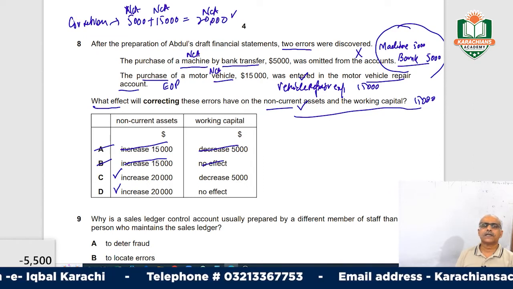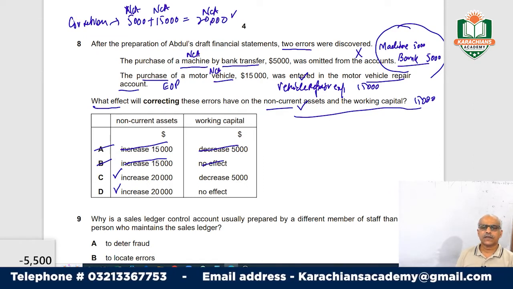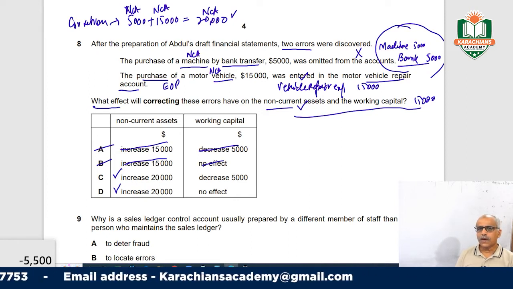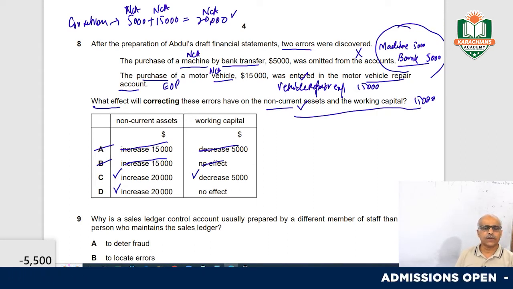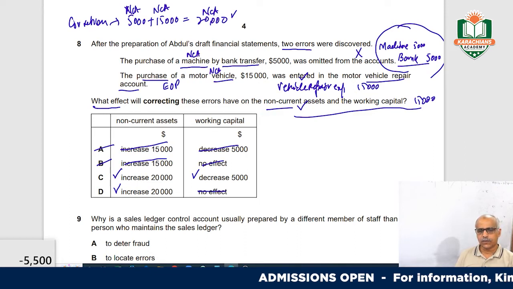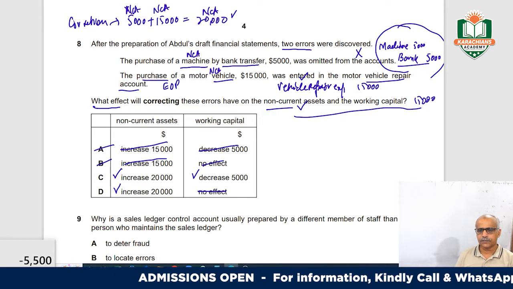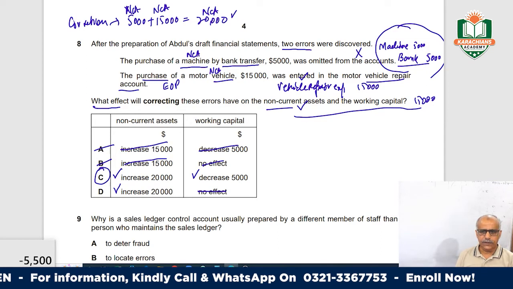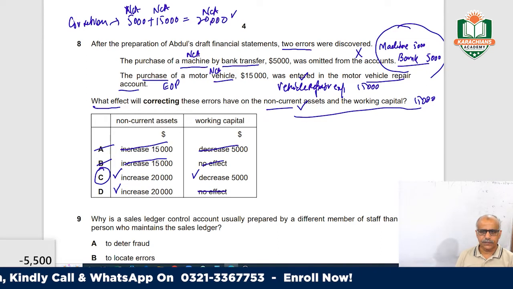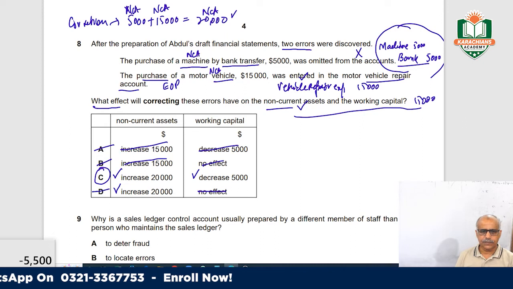It means your current assets will reduce, and your working capital will get reduced. So the net effect is not clear. So the correct answer is C.